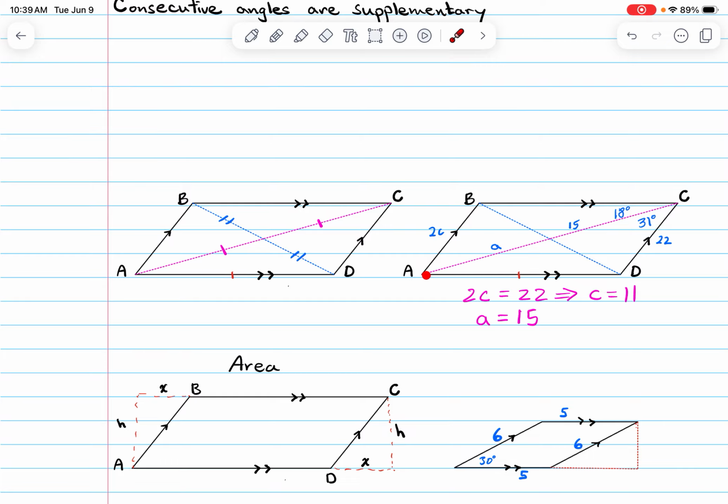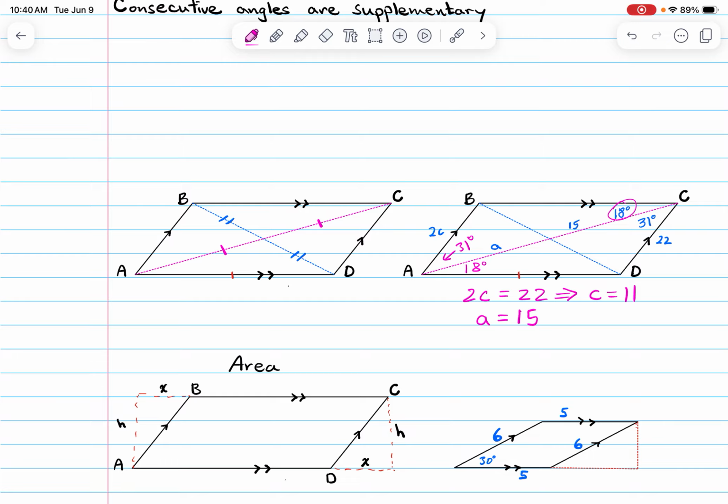Notice that you've got 31 degrees here, and this is a parallel line. This is another parallel line, cut by a transversal. So if that's 31 degrees, then this over here is 31 degrees as well. And this one right here is 18, so this one here is 18 degrees.